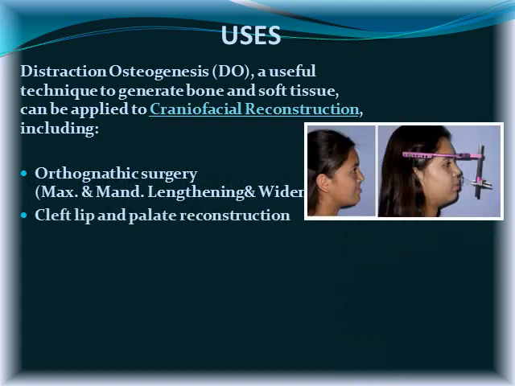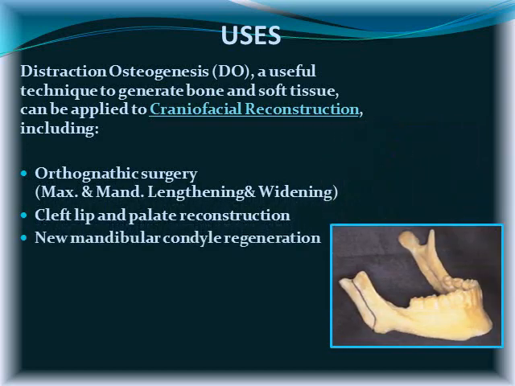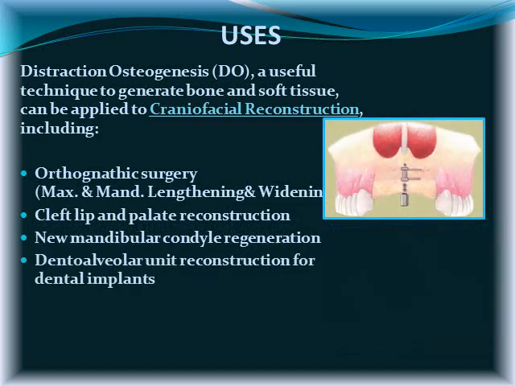We can use it also in cleft lip and palate patients for maxillary advancement in this difficult situation, and in some cases after condylectomy or after resection of an ankylosed condyle, now we can form a new condyle by forming an L-shape osteotomy and elongation of the ramus to form a new condyle.